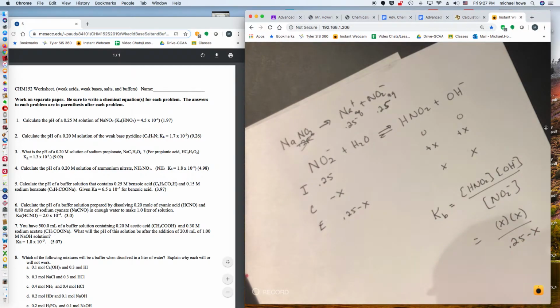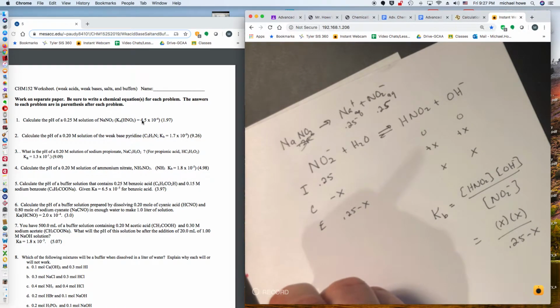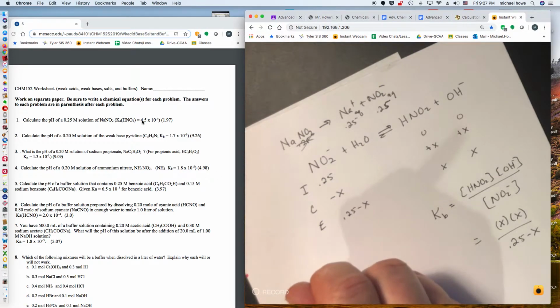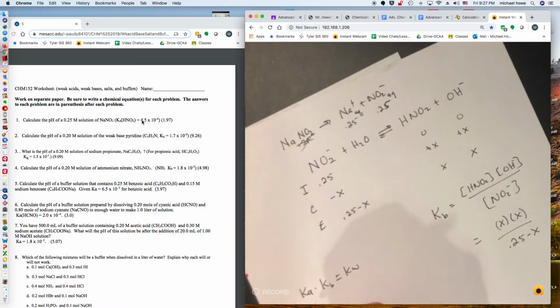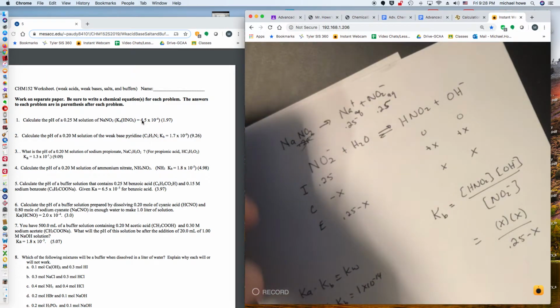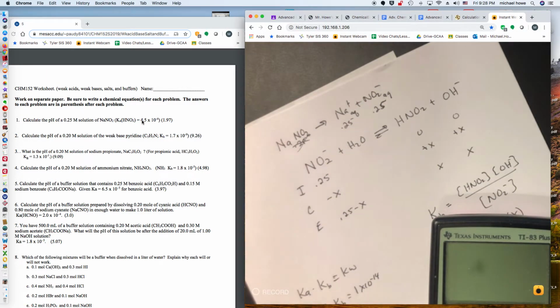We need to find Kb, but we're given Ka. See right up here it gives us Ka, so we just learned that Ka times Kb equals Kw. So Ka was 4.5 times 10 to the negative fourth. Kb we're looking for, Kw is 1 times 10 to the negative 14th. Divide both sides by 4.5 times 10 to the negative 4th.